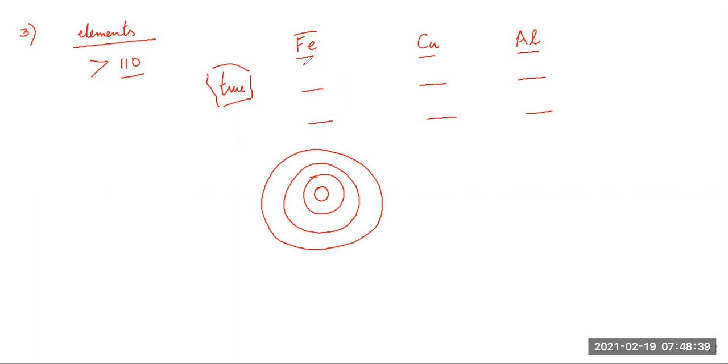So every element has a different valency. What is that? The number of electrons in the outermost shell, which will participate in chemical reactions. So when their valency is different, the way they react during a chemical reaction will also be different. Beautiful. So this is the third postulate of Dalton.